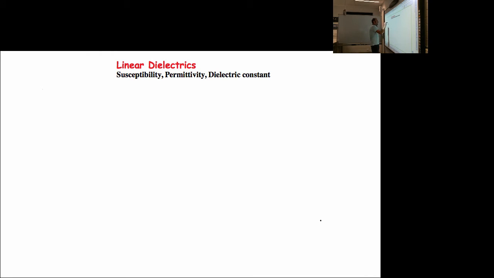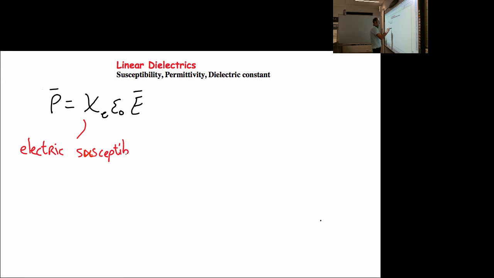It will be given by: the polarization P is equal to chi times epsilon naught times the electric field E. Chi here is the electric susceptibility for a particular material, and this will depend on the microscopic structure of that particular substance.